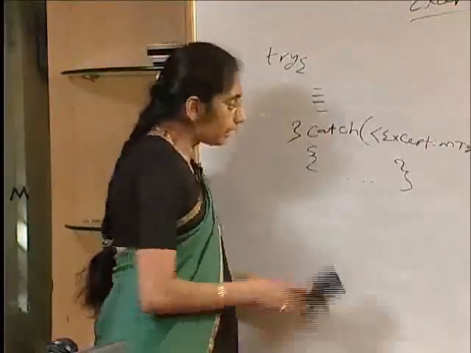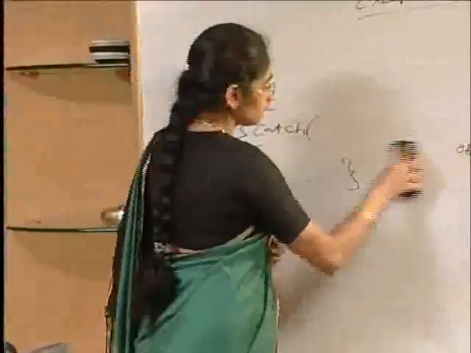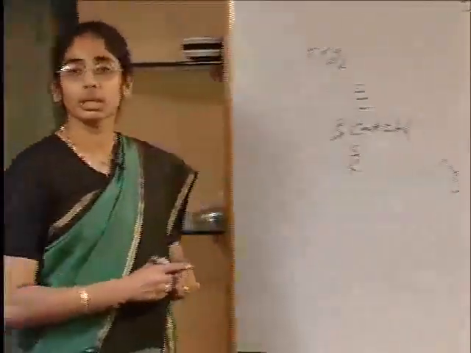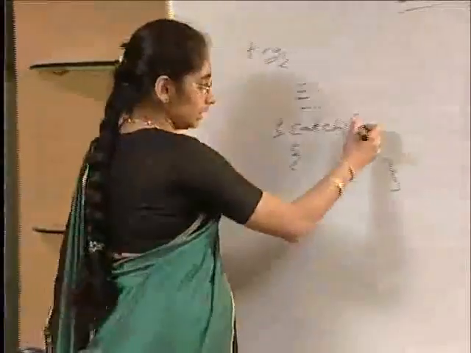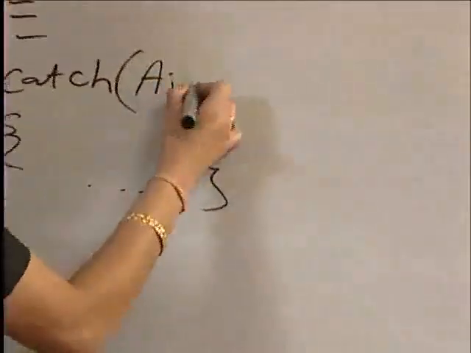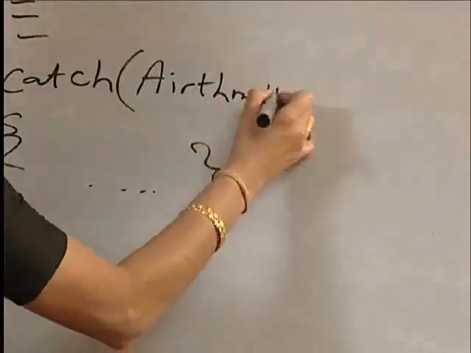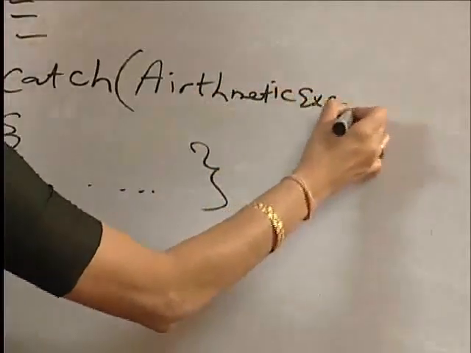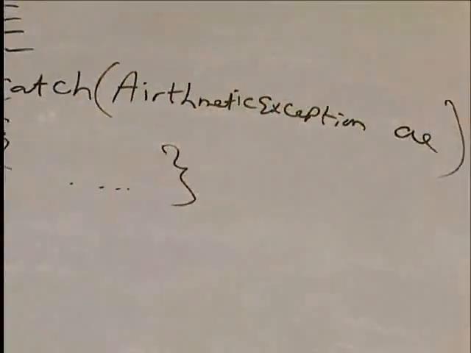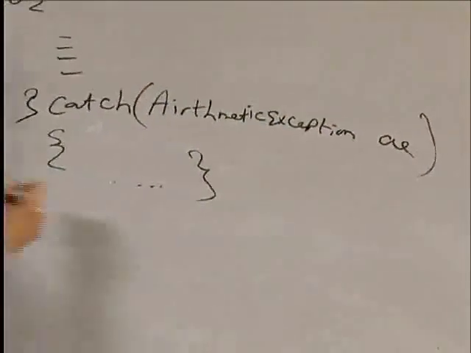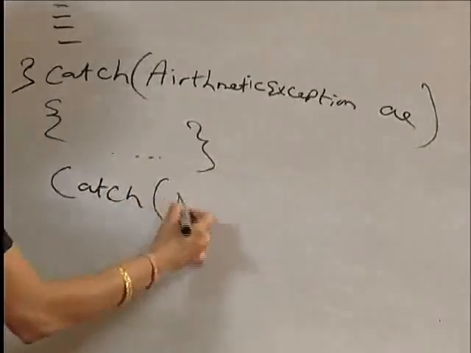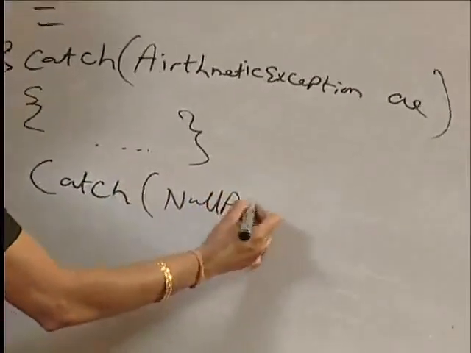When I'm specifying for a try block a catch with an exception which I want to capture, let's say arithmetic exception, and let's say I have a catch block for null pointer exception.